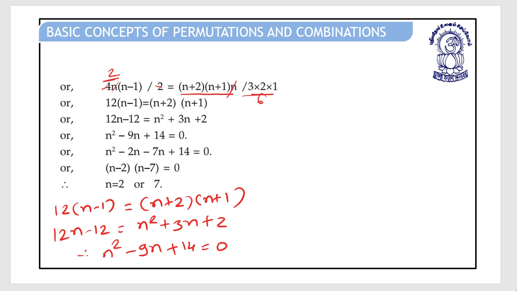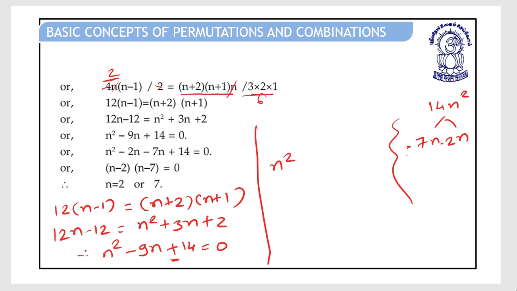Take first and third position. So 14n square, 7 2s are 14, 7n, 2n, here plus. So you can write n square minus 7n minus 2n plus 14 is equal to 0. n minus 7 minus 2 n minus 7 is equal to 0.